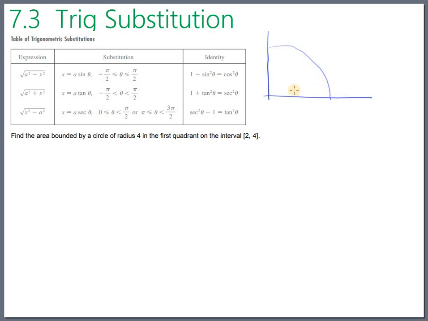Pretend that's a circle, in the first quadrant from 2 to 4. So 2 is right in the middle, 4 is right there. They want to find the area, so the integral underneath this thing from here to here, so this much.